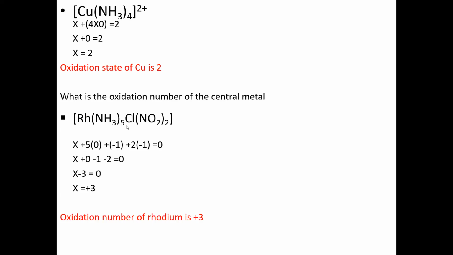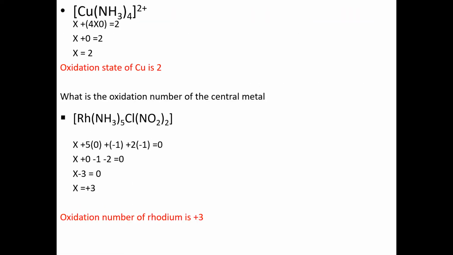So we have plus -1, plus 2, because there's 2 here, multiplied by the charge on this NO2, which is -1. Because it has no charge, it's neutral, so the total charge equals 0. So we have X plus 0 minus 1 minus 2 equals 0. So our X is 3. So invariably, the oxidation state of your rhodium in this complex is plus 3.